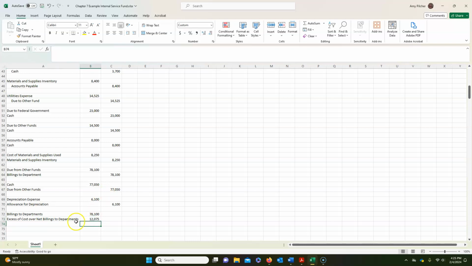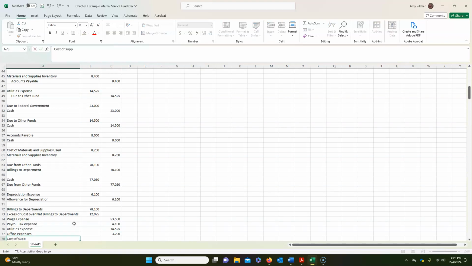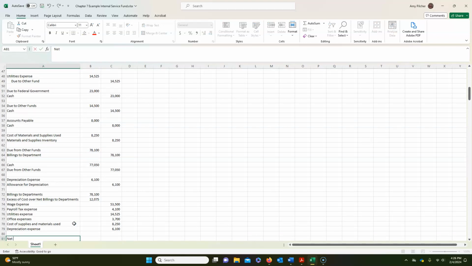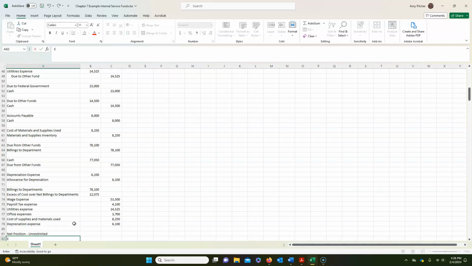So if we put in all of our expenses, okay, we're then going to do our net position unrestricted, and excess of cost over net billings.